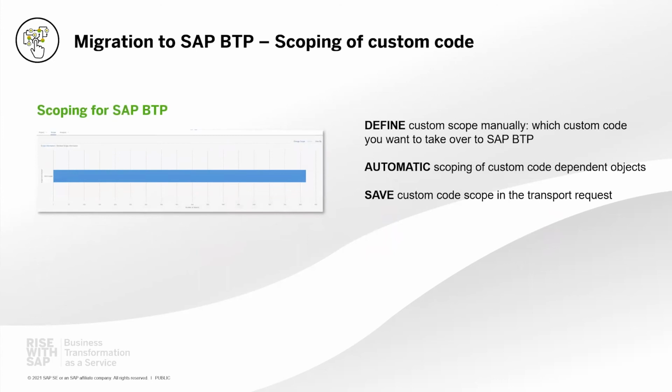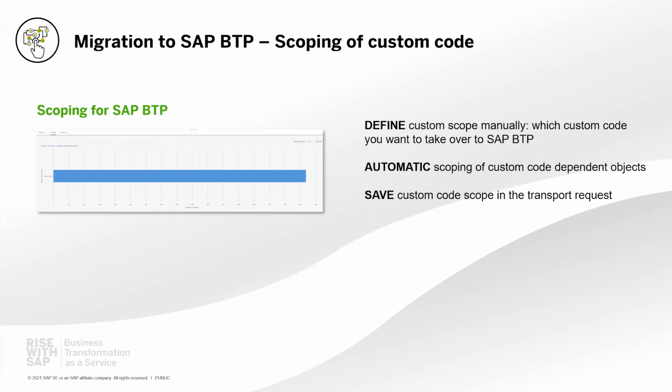And the scoping must be done manually. So you must first make the decision and pick the application which you think is suitable for the cloud, meaning which is loosely coupled with SAP standard, which is not built using DynPro technology, and which does not have so many accesses to application logic like direct selects from the MARA table and so on.